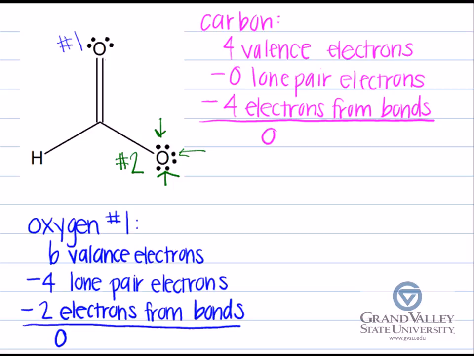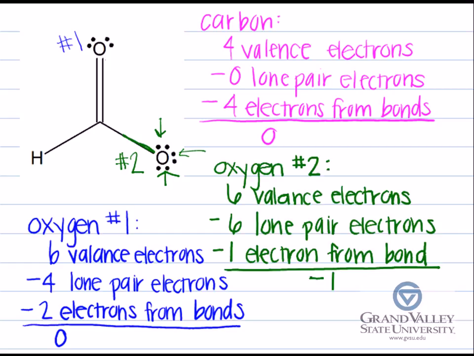The oxygen has 1 bond and therefore 1 electron from bonds. Using our equation, we can use this information to solve for the formal charge on the second oxygen atom. 6 valence shell electrons minus 6 lone pair electrons minus 1 electron from bonds equals -1.